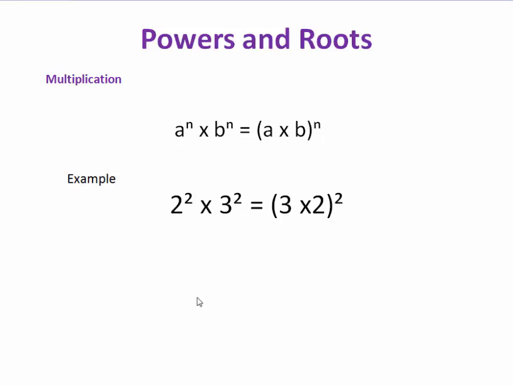For example, we have different bases here, 2 and 3, the same exponent 2, so we can rewrite this as 3 multiplied by 2 in brackets to the power of 2. When we multiply that out, we get 3 to the power 2 multiplied by 2 to the power 2.